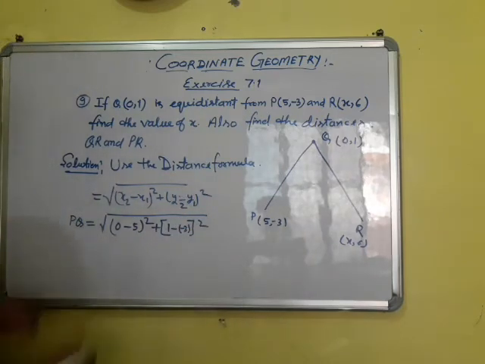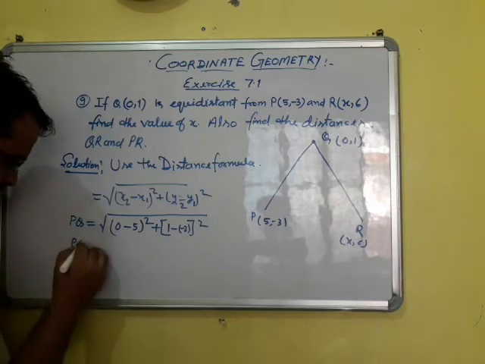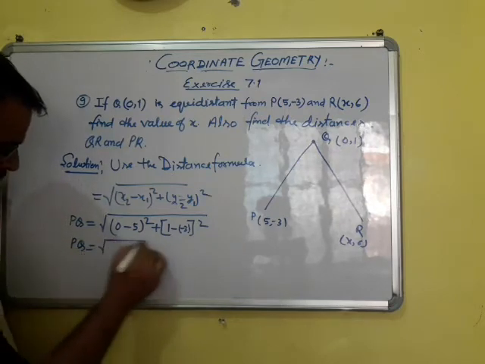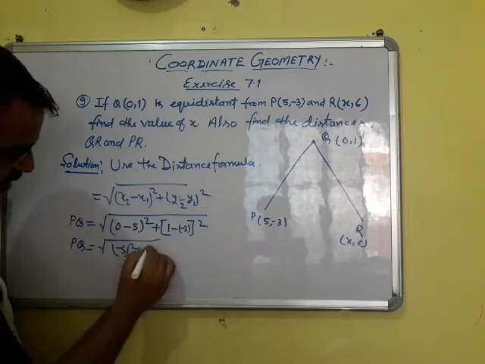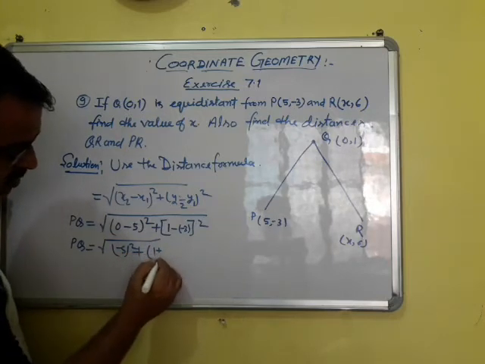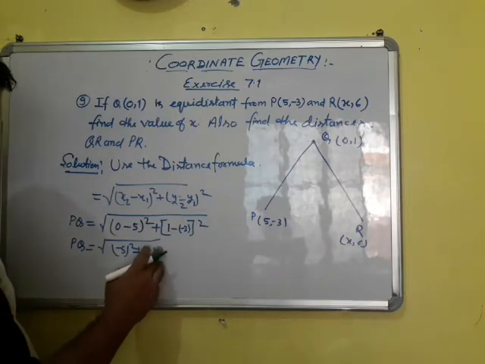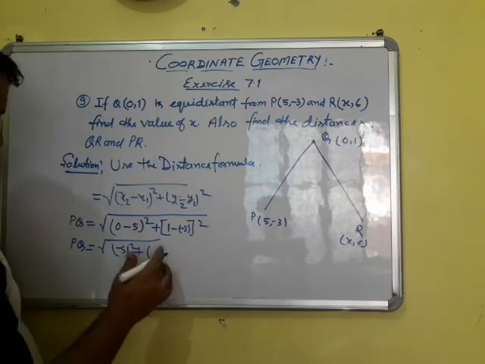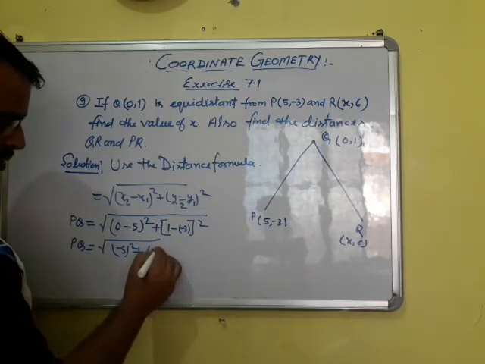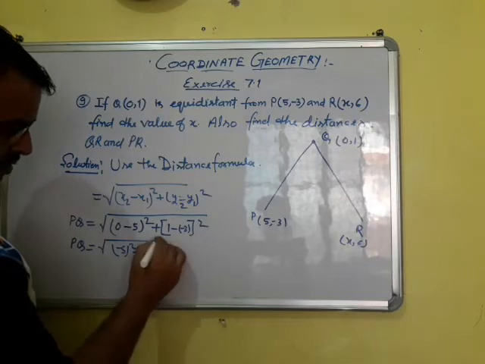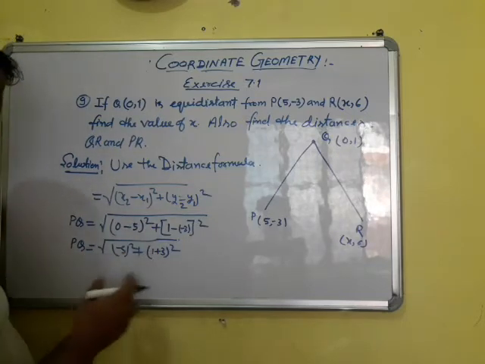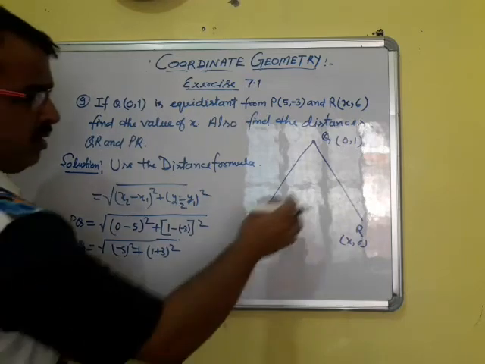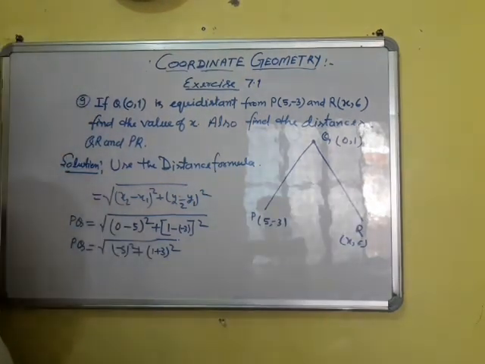Clear? So we get minus 5 whole square plus 1 plus 3, that is 4, whole square. Now find the distance between Q and R.